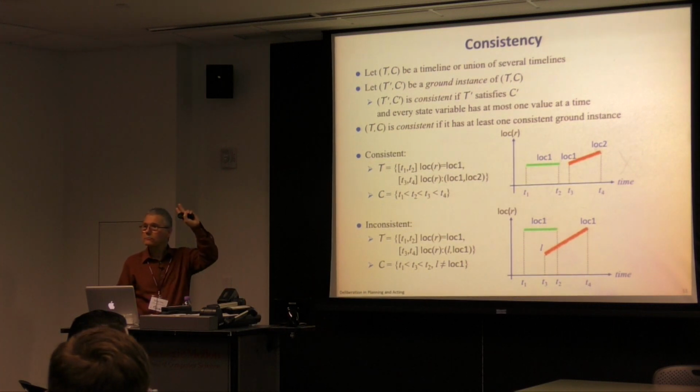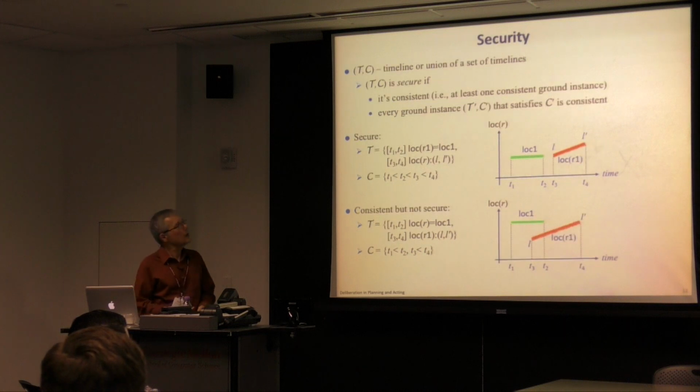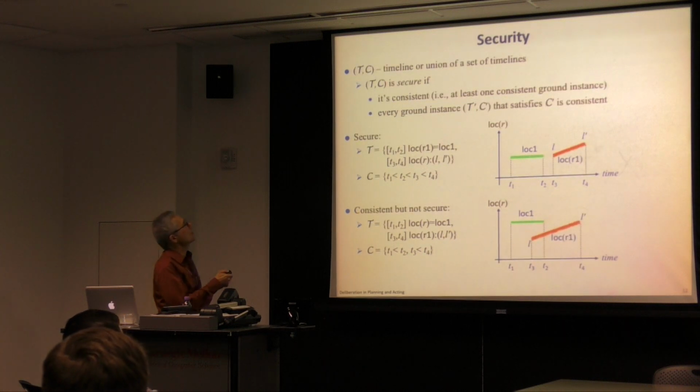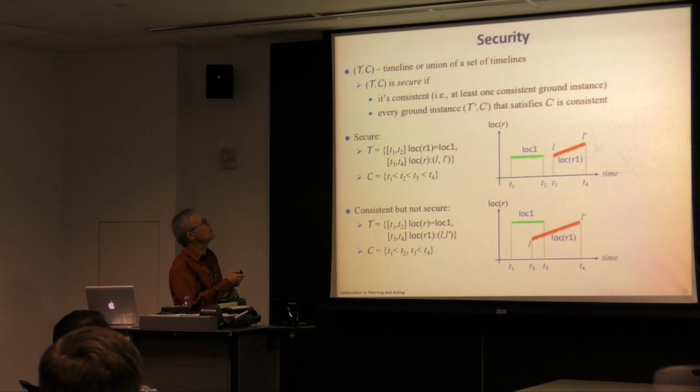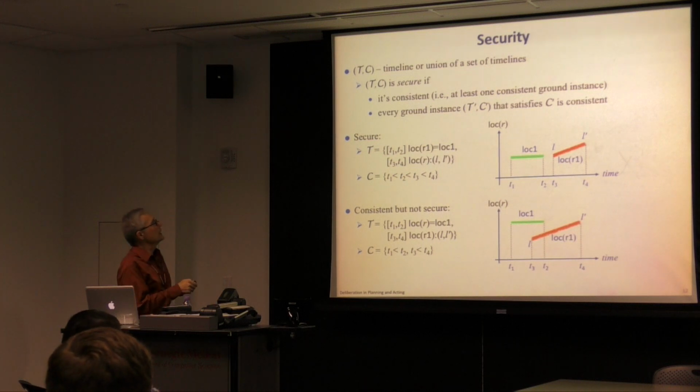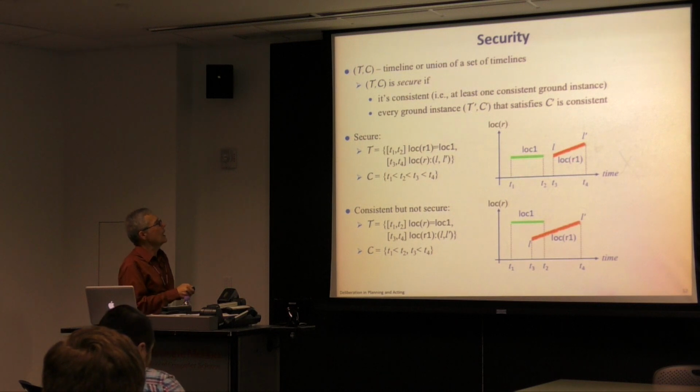Any questions so far? All right. Security. Our timeline is secure if it is consistent, as I just described, and if every ground instance that satisfies its constraints is consistent. Here's an example of a timeline that is secure.